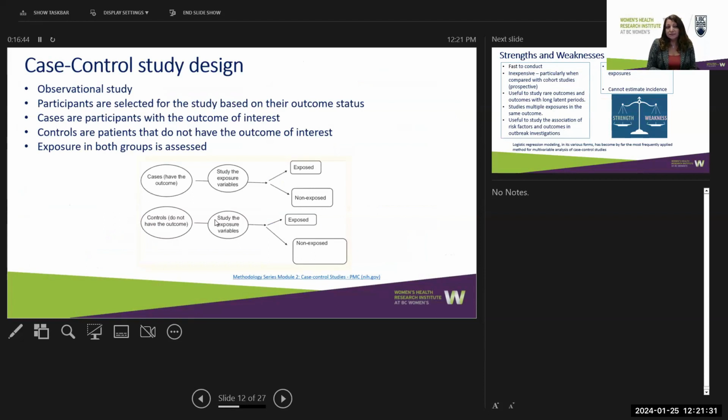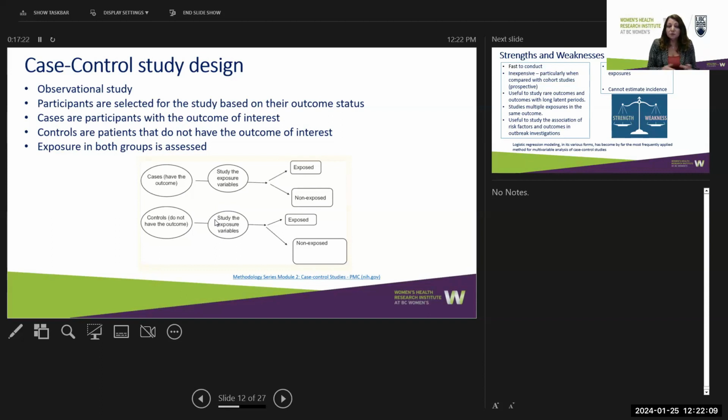So the next study design I'm going to talk about is the case control study design. It's a bit different from the cross-sectional study design because we measure exposure and outcome a little differently. Again, this is a type of observational study. Participants are selected for the study based on their outcome status. In a classical case control study, we divide people who have the outcome and who don't.